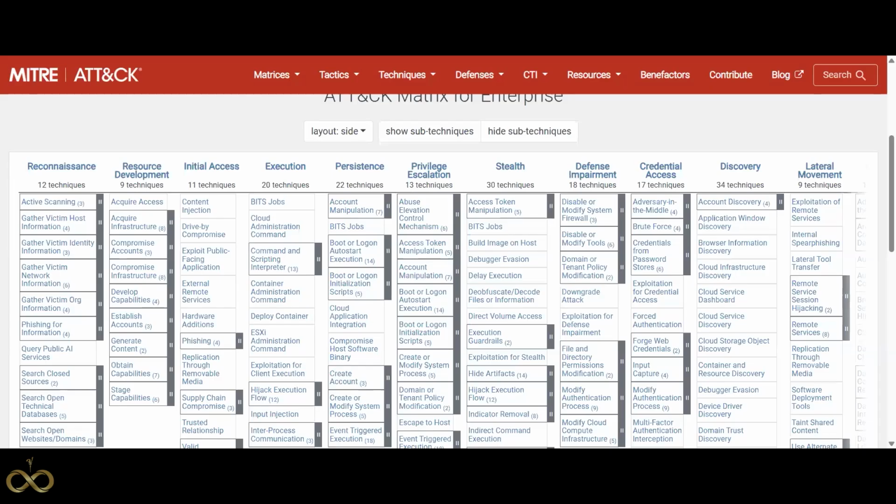Then there is initial access. See this column. What is it all about? How do you get into your victim's environment? It can be through phishing, stolen credentials, USB drives, or any vulnerable web application.